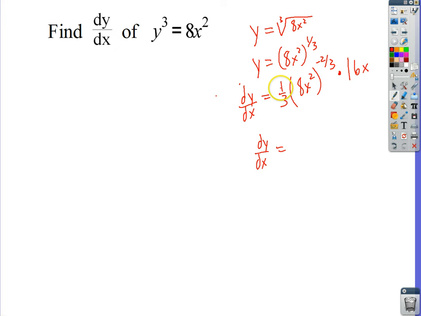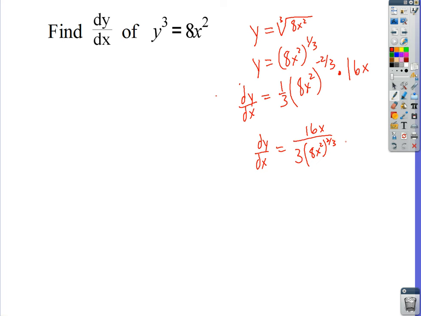So I have 16x on top, times 1, which is just 16x, and I have a 3 on the bottom, times 8x squared to the 2/3 power. Okay? And that's how we would take the derivative of it.